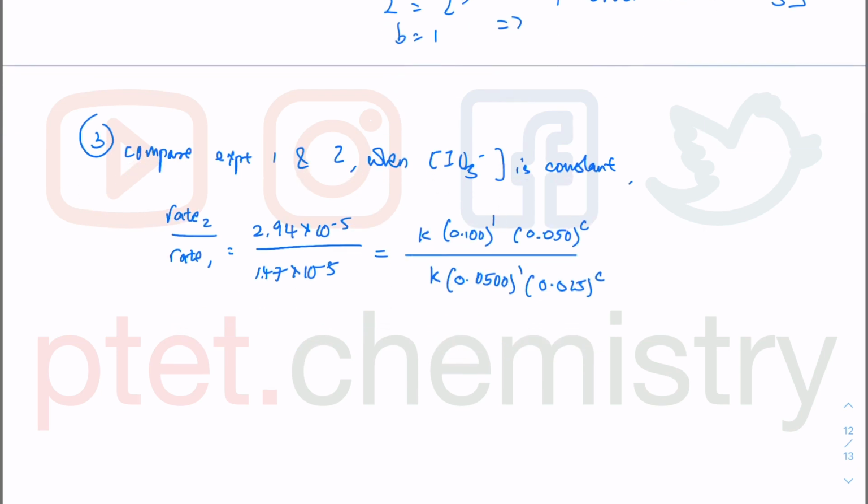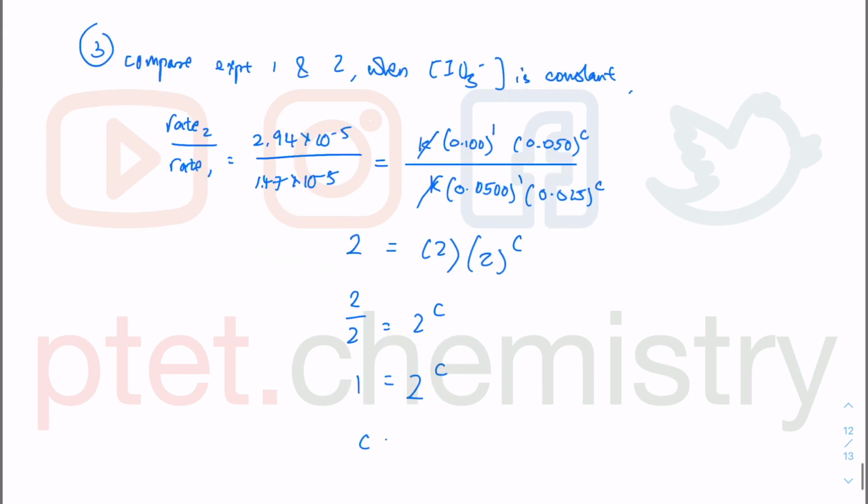And hopefully you can see that the K and the K cancel, and that gives you 2. This and this give you 2. And the 0.05 over the other one will give you 2 to the power of C. So 2 over 2 equal to 2 to the C. 1 is equal to 2 to the C. Anything to the power of 0 will give you 1.